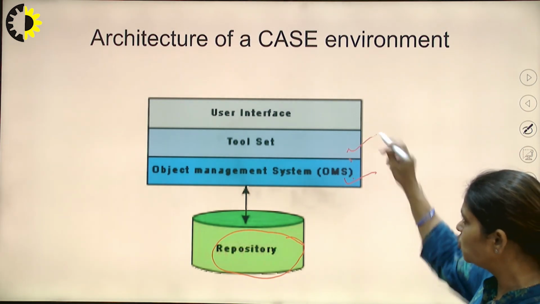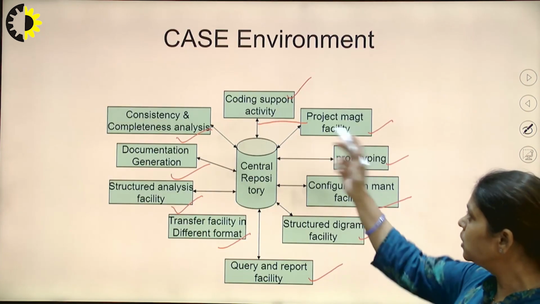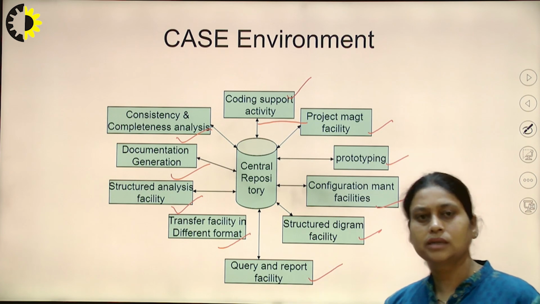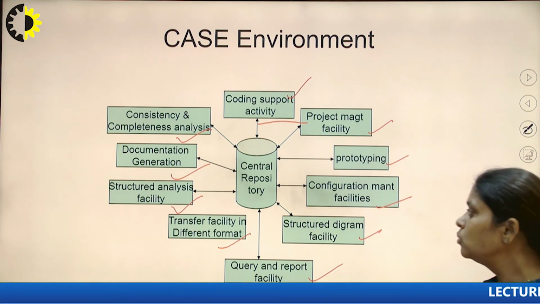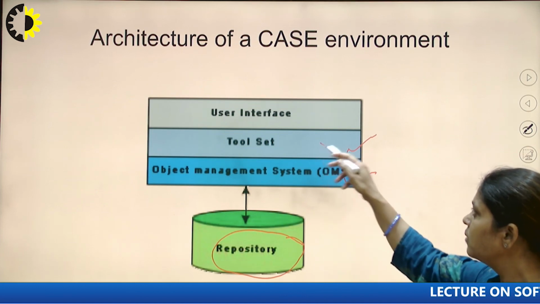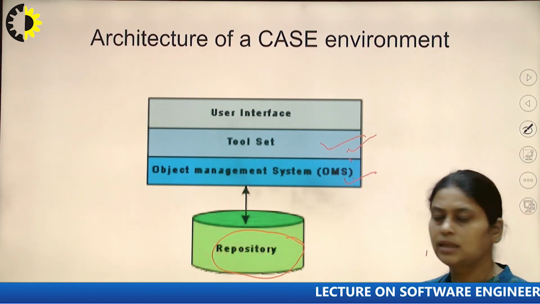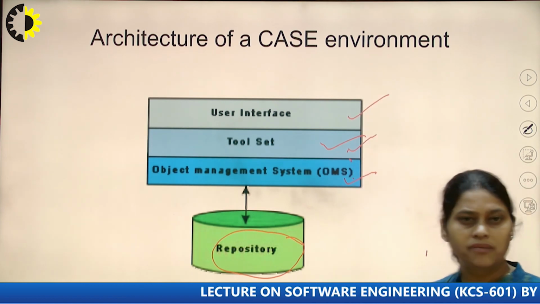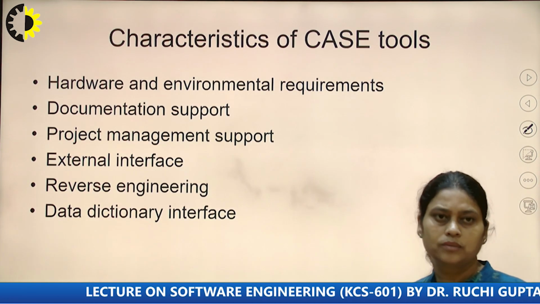In this tool set, all the tools related to these facilities, like analysis, design tool, testing tool, coding tool, maintenance tools, are available. And a user interacts with the user interface. So, this is the whole architecture of the CASE tool.